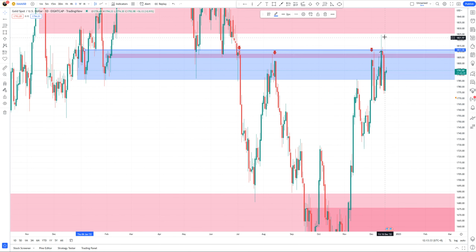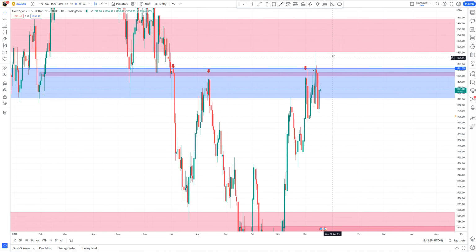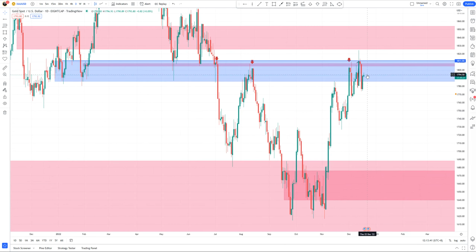From that moment, this should be the highest point for the rejection. Now if this setup for daily is valid, we might see it go all the way down, at least coming back into this lower zone again at 1739, which is about 500-600 pips, our first rejection area.